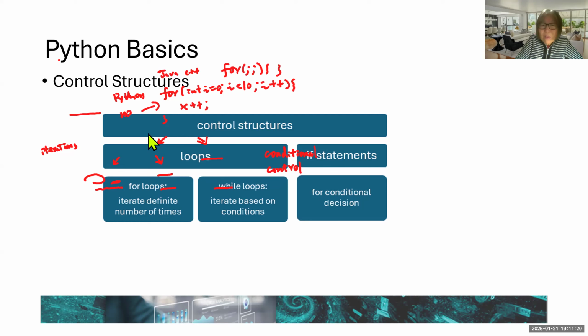So for Python, the for loop is basically similar to Java's for each loop. So it's for some variable in a sequence. You must loop through some iterable thing.